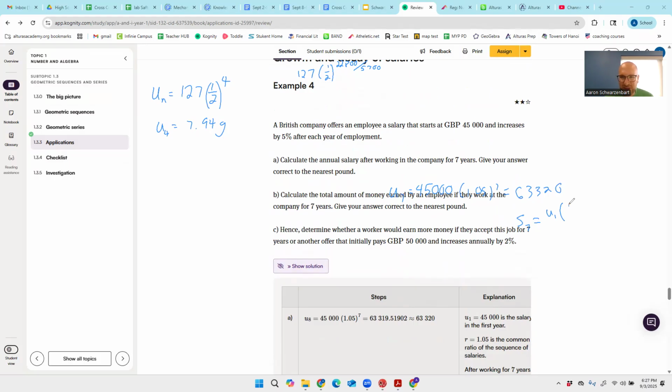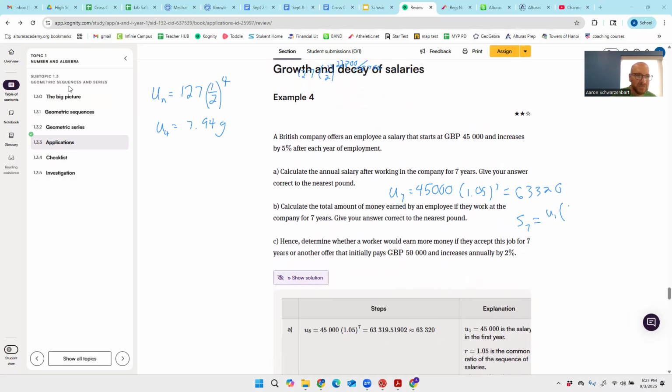But S sub n, let's line this up a little bit different. There we go. Is U sub 1 times r to the n minus 1 over r minus 1. Make that a lowercase r, not an n. So 45,000 is my first year, times 1.05 to the seventh minus 1, over 1.05 minus 1.